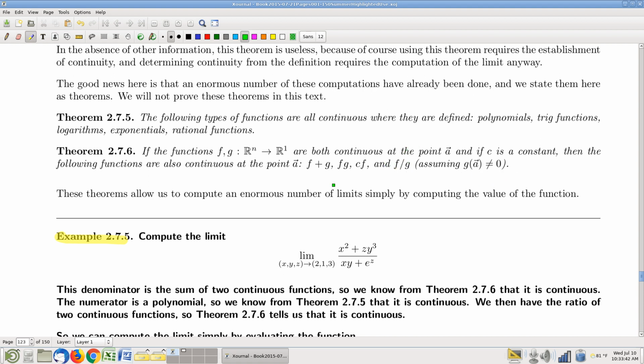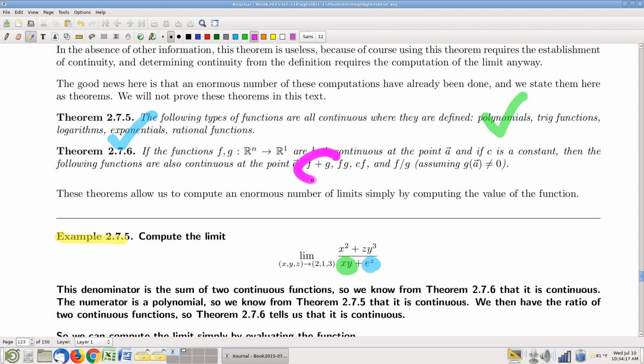Okay. So, for example, then, let's look at that function. Let's compute this limit. I'm going to compute this limit by plugging in. How do I know that I can plug in? I'm going to show that this function's continuous. Well, the numerator is a polynomial. Continuous. This denominator has in it a polynomial. It also has in it an exponential.